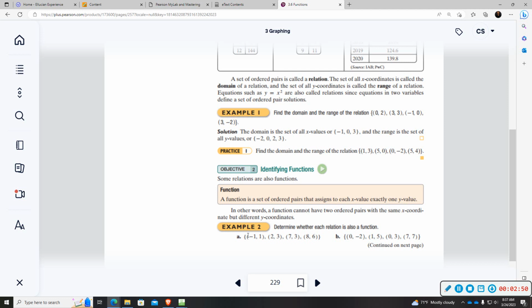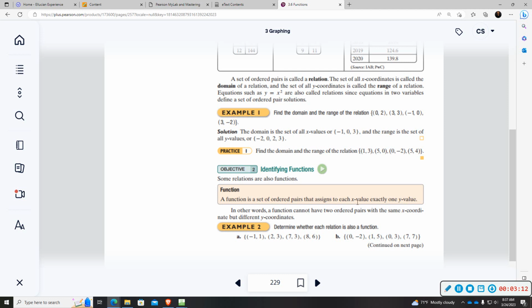So down here, look at the x values, -1, 2, 7, 8. This will be a function. Look at the x values, 0, 1, 0, 7. Okay, so I said 0 twice. Notice that the number 0 is paired with -2 and the number 0 is paired with 3.